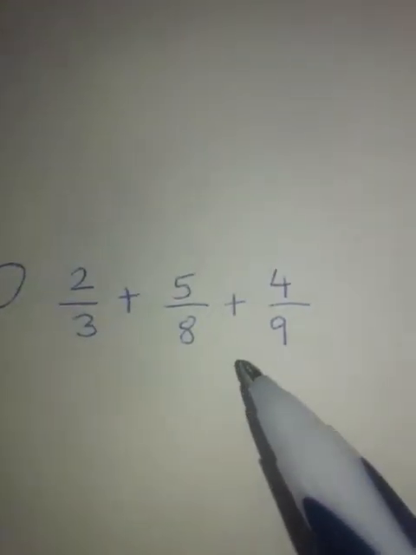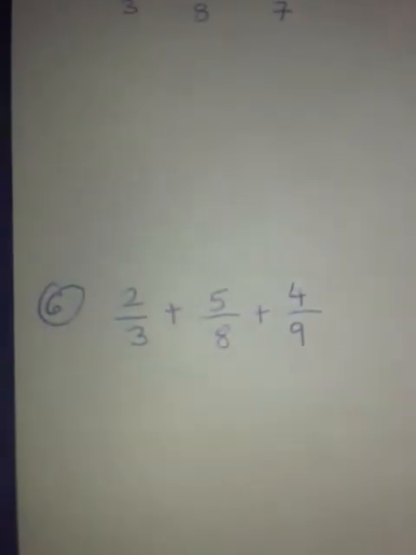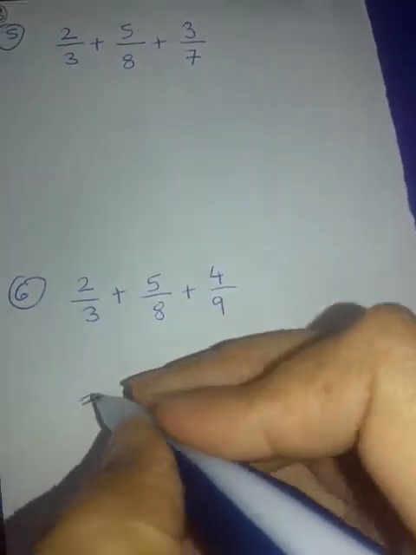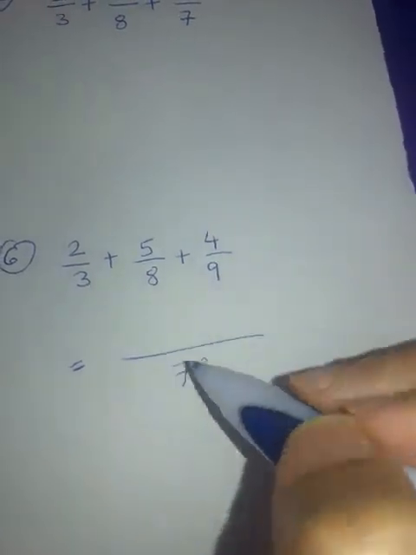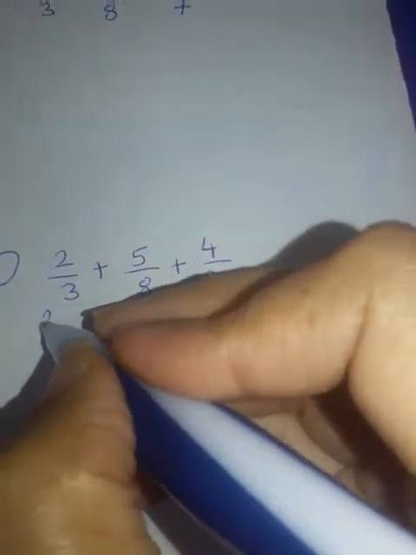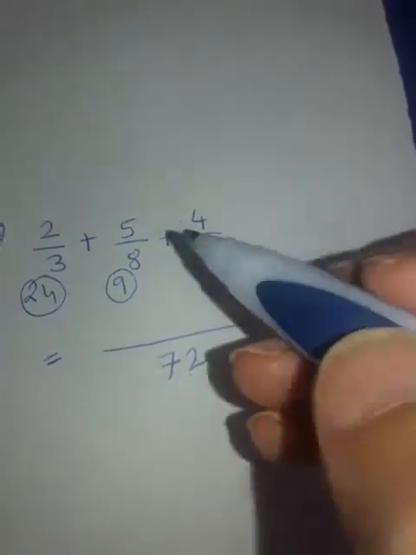Now this example, 2 upon 3 plus 5 upon 8 plus 4 upon 9. LCM is 72. Relation between 3 and 72: 24 3s are 72. 8 9s are 72 and 9 8s are 72.